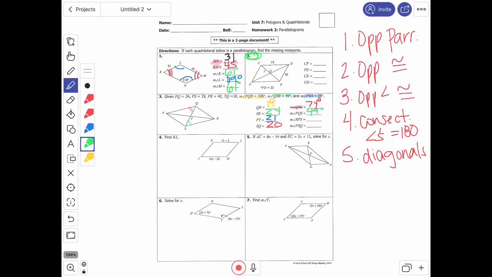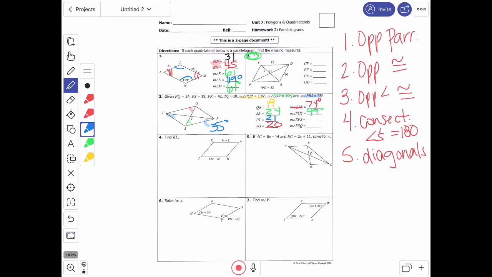So let me just write that in. And then we want to find RPS. We want to find this one.